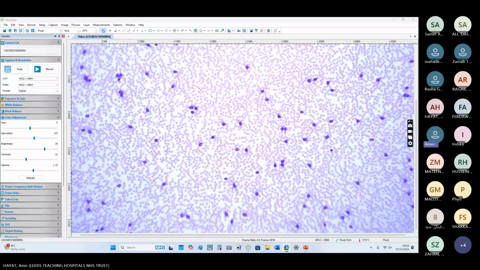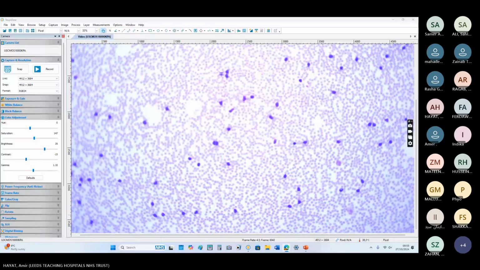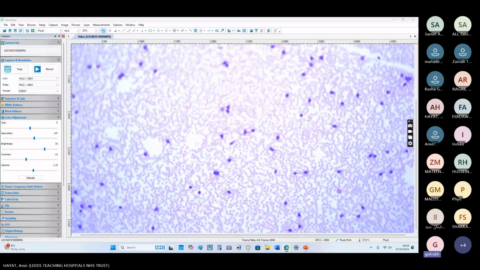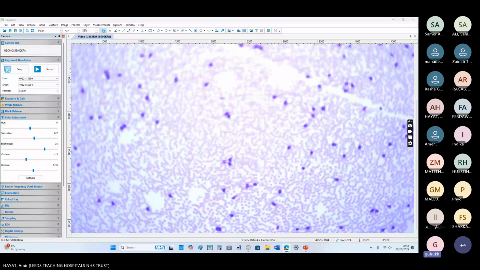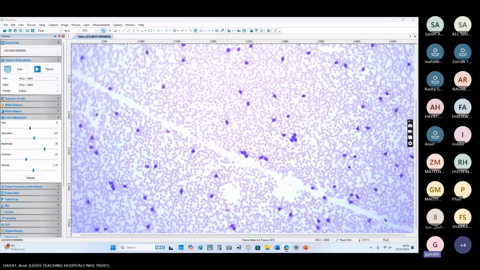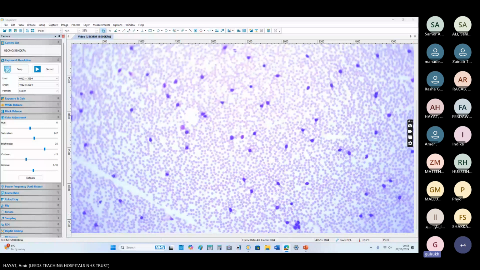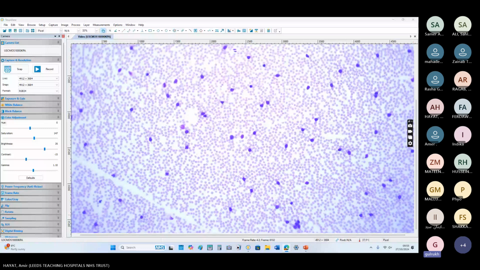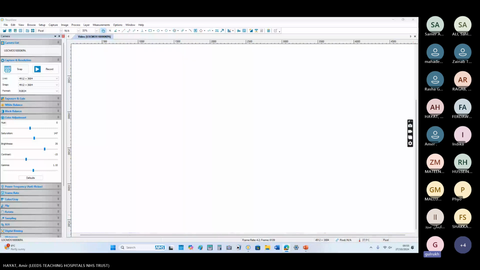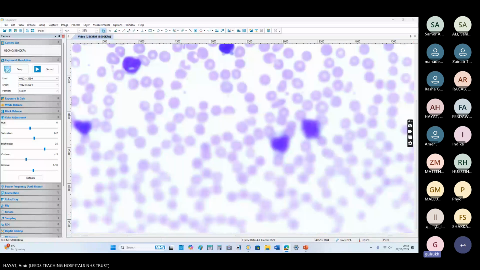The WBC count looks increased, and there are atypical cells on the film, as well as a few neutrophils, and there are a reduced number of platelets, and RBCs are mostly macrocytic.